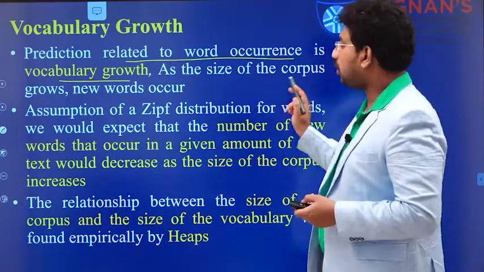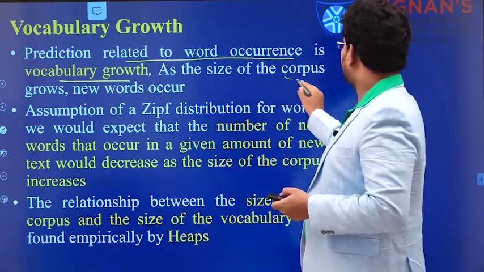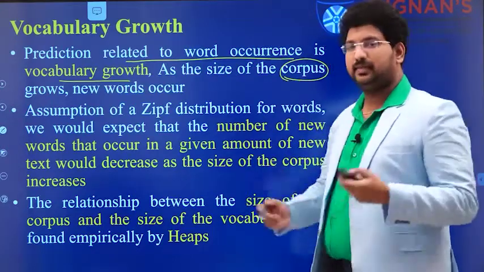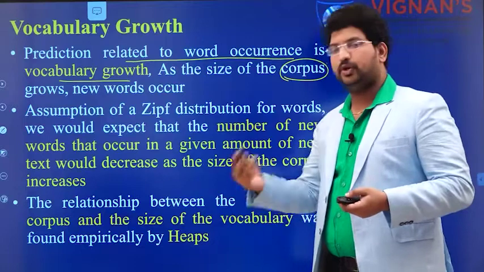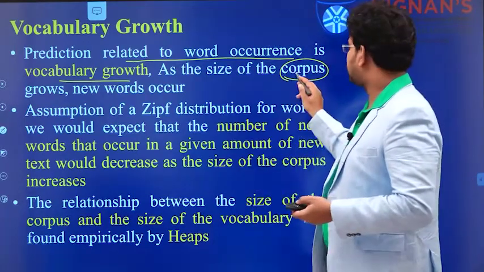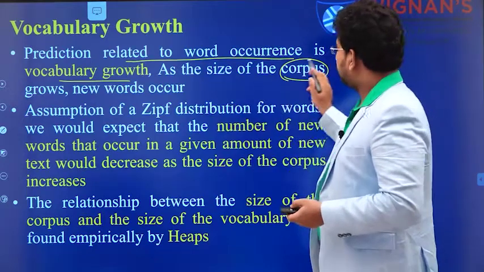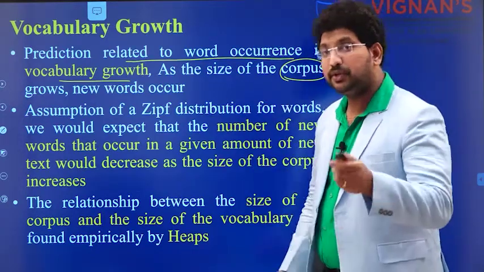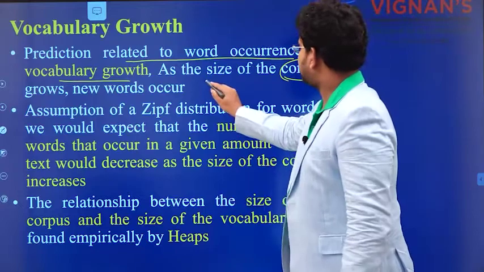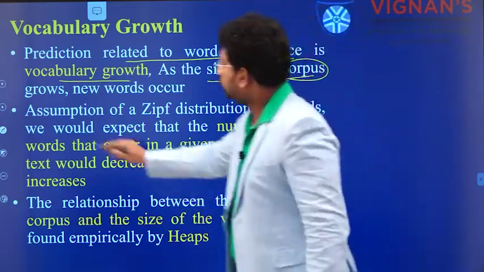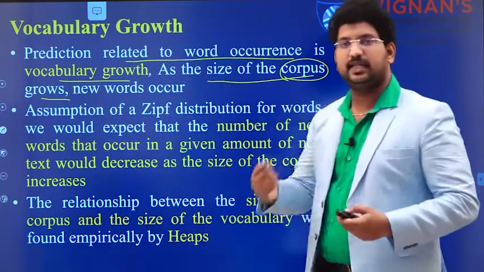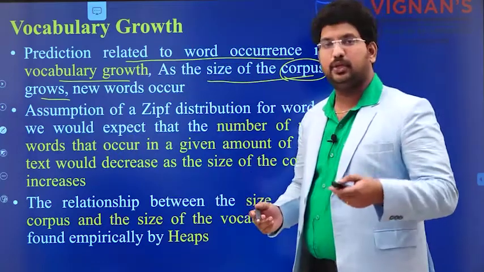As the size of the corpus grows, a corpus is nothing but the text collection, the document collection. As the size of the corpus grows, that indicates if the text collection is increasing, then new words occur.